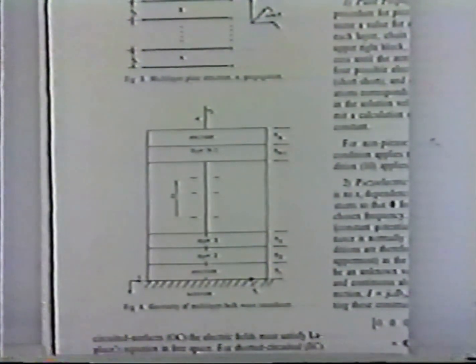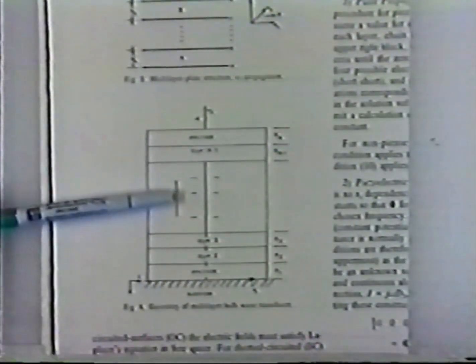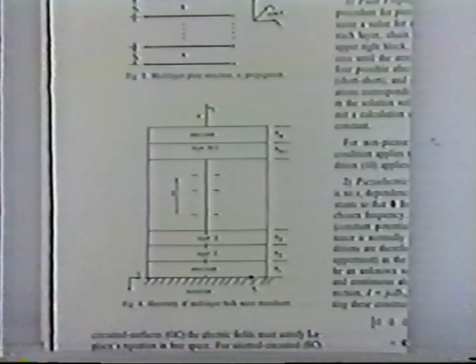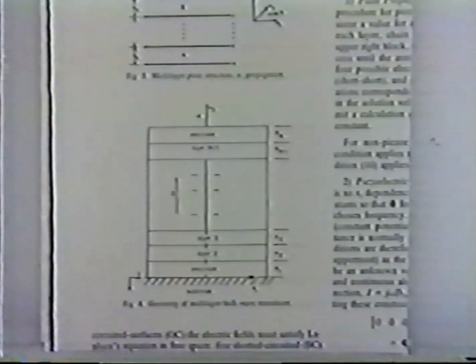I'll refer you to that in this particular reference, and you can see how it uses this matrix method to develop the situation. What is simple about this configuration is that we do not have propagation parallel to the interface, but in fact, all our propagation is perpendicular to the interfaces. This actually simplifies the problem significantly, and all you have to worry about is whether you're going to consider this as a current-driven problem or a voltage-driven problem.